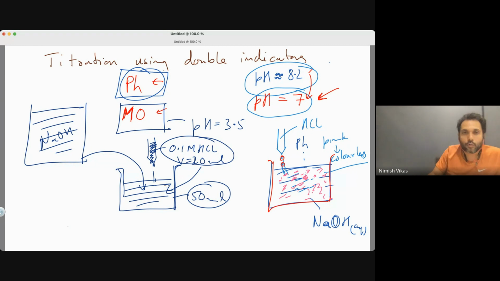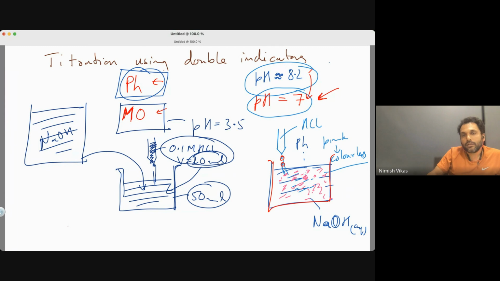But then, how do we know that it is neutralized? There has to be some indication, right? So there are various ways. Through electric current, through potential, a lot of things you can do to be really precise on where it is neutralizing. One very rough way is using the indicator, because it is one of the cheapest ways. So you'll put phenolphthalein, you'll get a certain reading, say of 20 ml, but you know this 20 ml is not right, right?